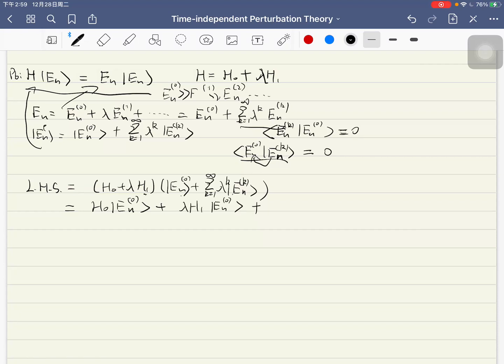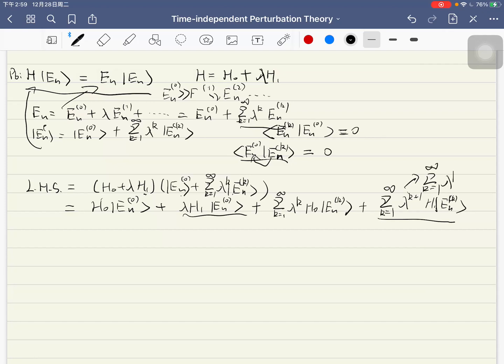So the left-hand side equals (H0 plus lambda H1) times (|n0> plus the sum from k equals 1 to infinity of lambda^k |n(k)>), which equals H0|n0> plus the sum of lambda^k H0|n(k)>, plus lambda H1|n0> plus the sum from k equals 1 to infinity of lambda^(k+1) H1|n(k)>. With these terms, we can absorb the two sums, shifting the index to lambda^k |n(k-1)>.